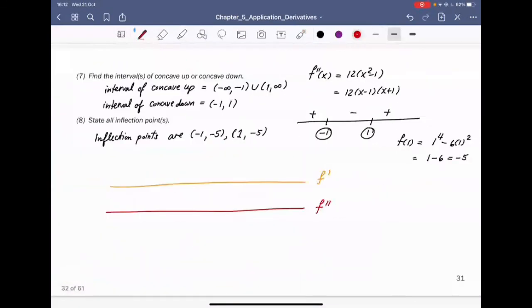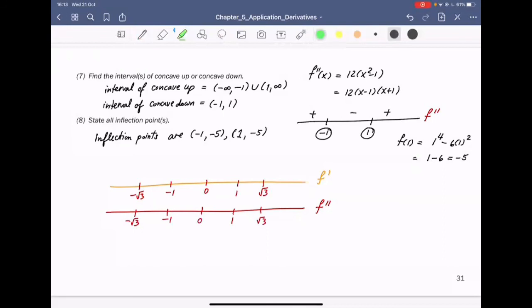So I'm going to put them here. And then on the line of f double prime, I have negative 1 and 1. So I'm going to include everything together: negative square root 3, negative 1, 0, 1, square root 3.